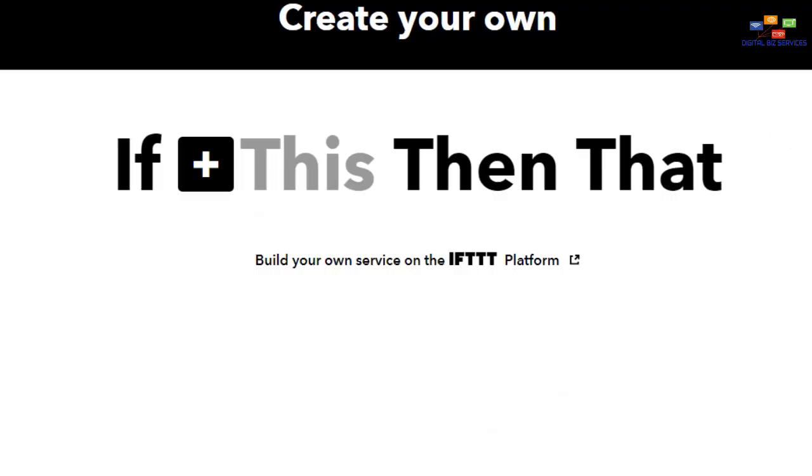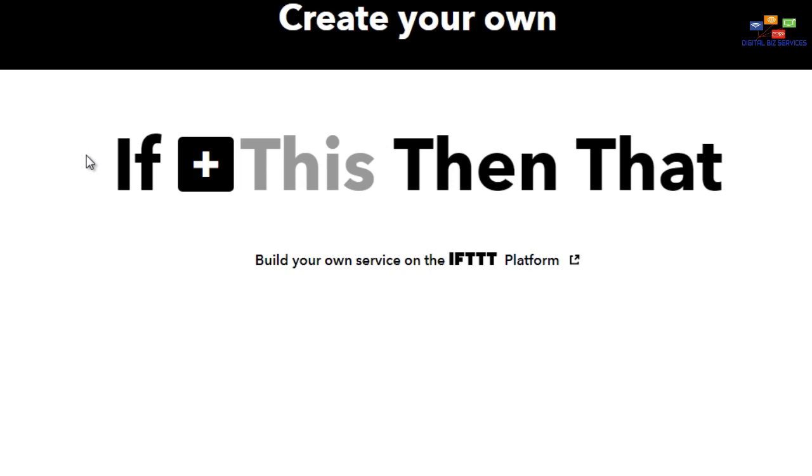Okay, so up at the top, when you click on your account, you will see an option to create. So when you click account, create, you're going to get this page. Now, the reason why it's called IFTTT is because it stands for if this, then that.